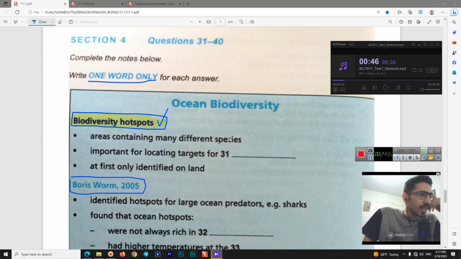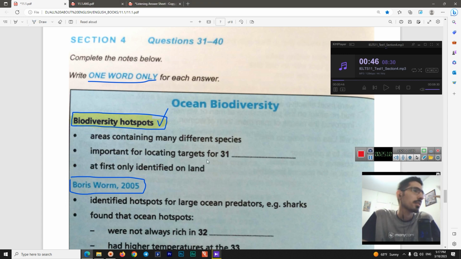Areas containing many different species. Important for what? Important for locating. Locating means finding the location of something. Important for locating targets for something. We need a noun here.